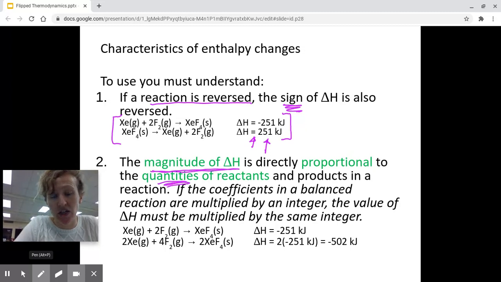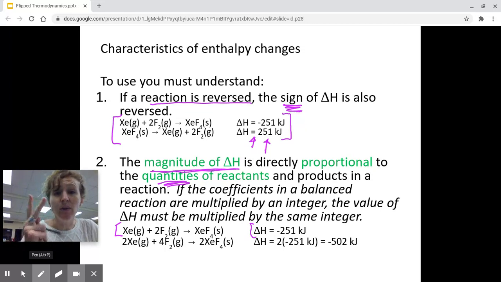Last note I want you to keep in mind is that the magnitude of delta H is dependent on the quantities of the reaction. So if you have to double a reaction, here's your reaction again, xenon reacting with fluorine, okay, which gives you a delta H of negative 251 kilojoules.